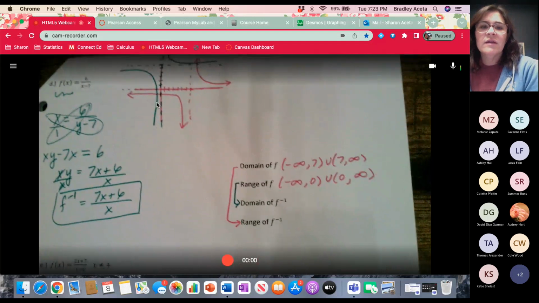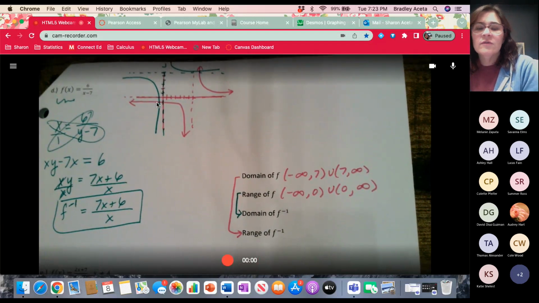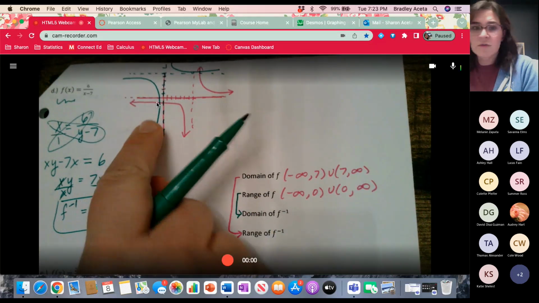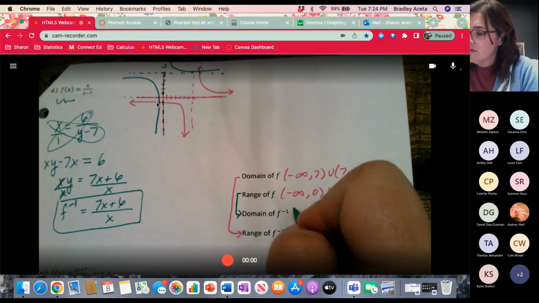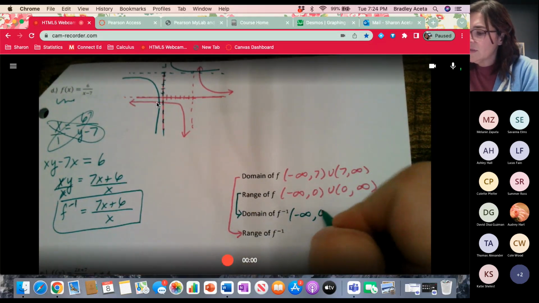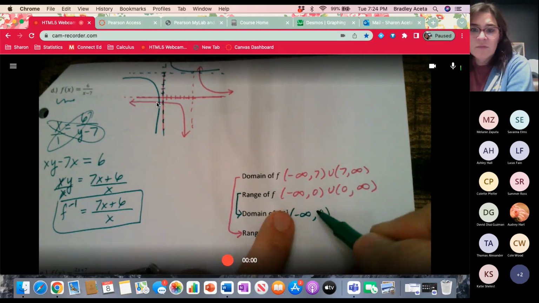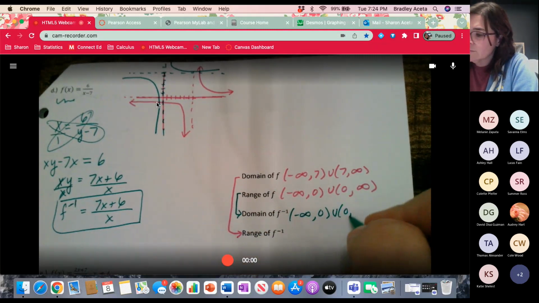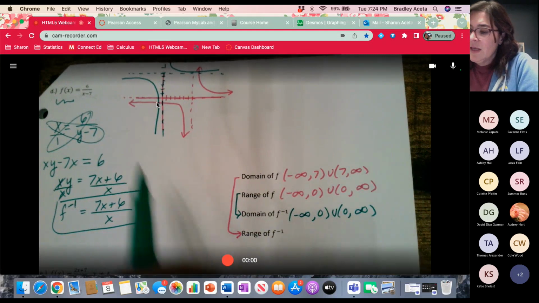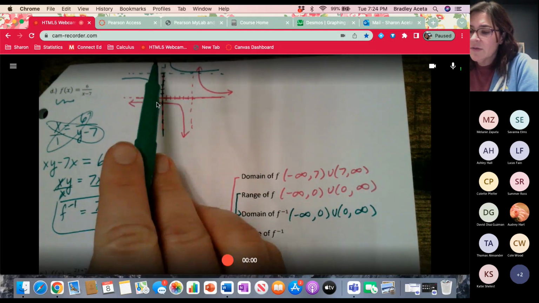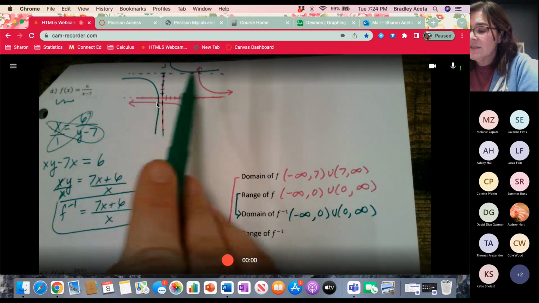And if I were to write the domain of my inverse, which is my green function, I would say from negative infinity up to 0, which is exactly the flip-flop of the range. And the range, how tall is this green line? Well, it's from negative infinity up to 7 now.